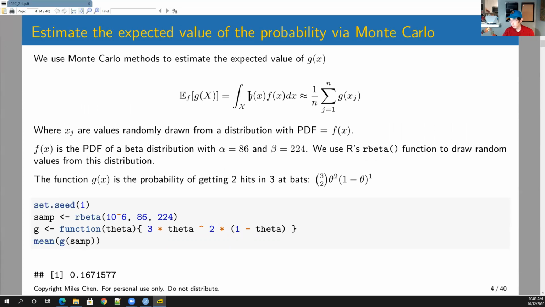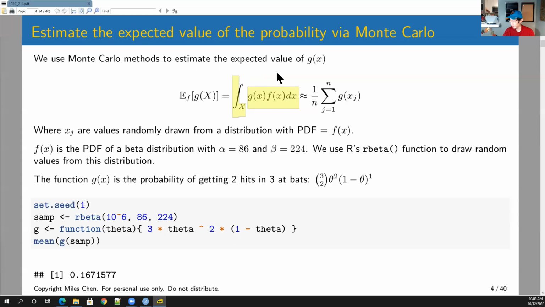If we wanted the true expected value, the expected value of that function g, when applied to the random variable x, we would get this integral: the integral of g of x times f of x dx. This relationship is known as the law of the unconscious statistician.